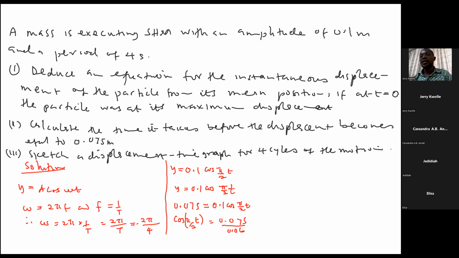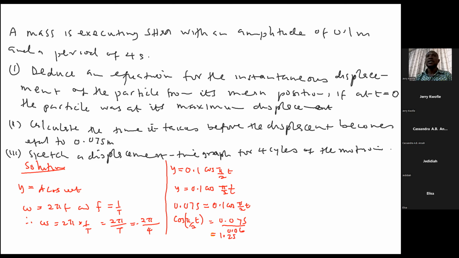Can you do the evaluation for us? 0.075 divided by 0.06. 1.25. You have 1.25. Okay, so we're going to have 1.25.